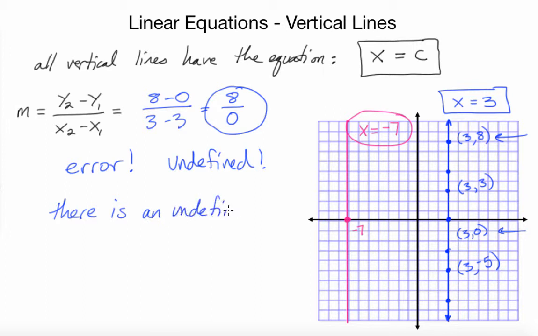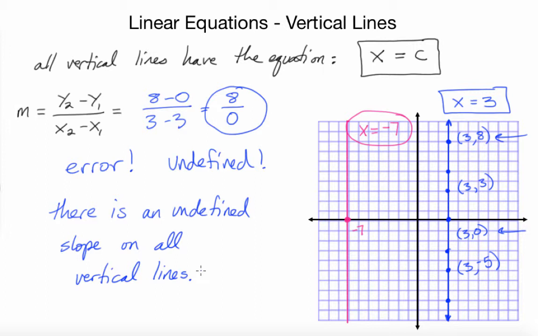We call it an undefined slope on all vertical lines. That's one of the main characteristics of vertical lines: if it's a vertical line, there is no slope. It's undefined. Horizontal lines, if you remember, have a slope of 0.